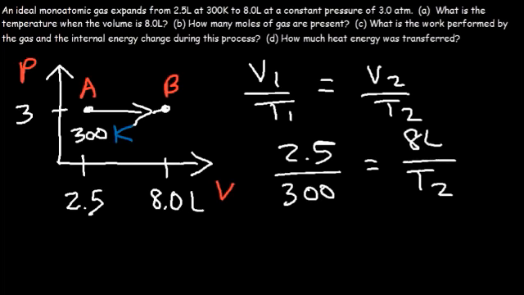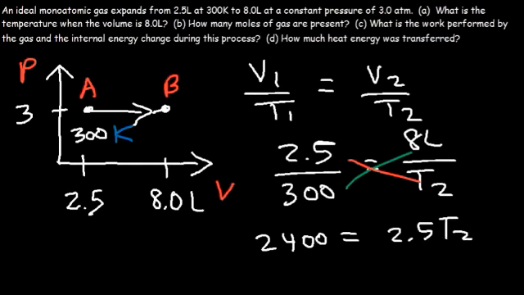So let's cross multiply. 300 times 8 is 2400. And this is going to be equal to 2.5 times T2. So 2400 divided by 2.5 will give us a temperature of 960 Kelvin.